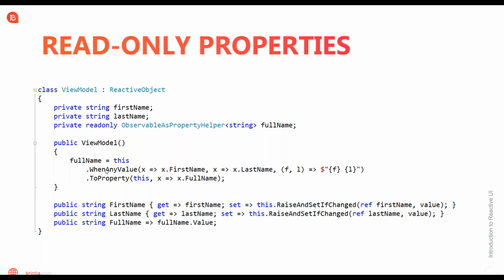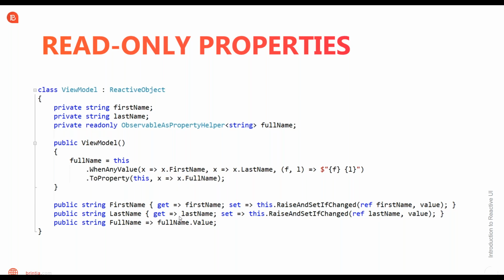So once we have created the observable with the WhenAnyValue call, we are creating from this observable a property, and this property is specified in this syntax. We are saying that the parent of the property is this view model, and the source of the property we want to project this sequence to is the full name.